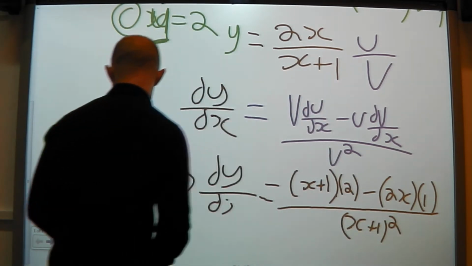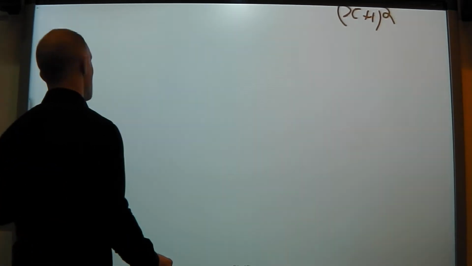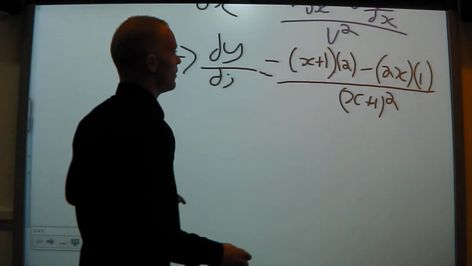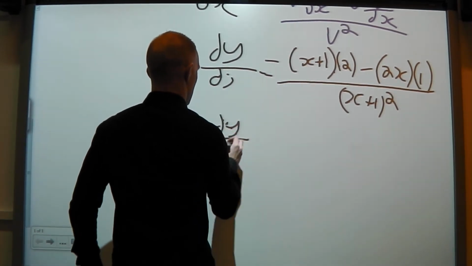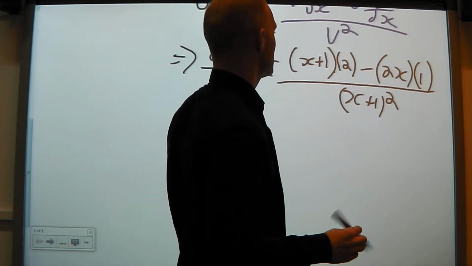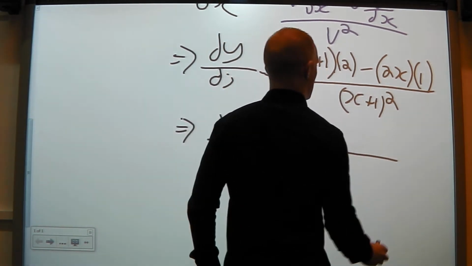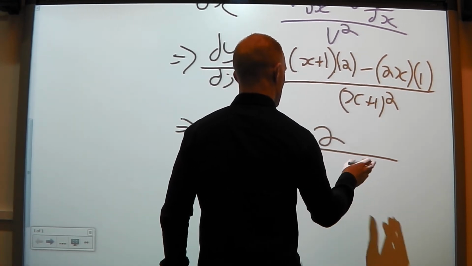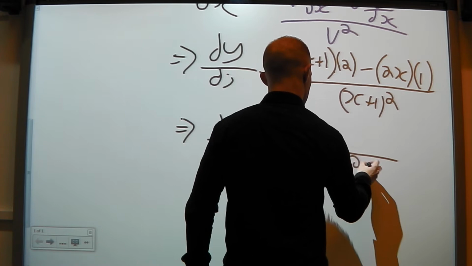Now dy/dx is equal to 2x plus 2 minus 2x, which is just 2 all over x plus 1 all squared.